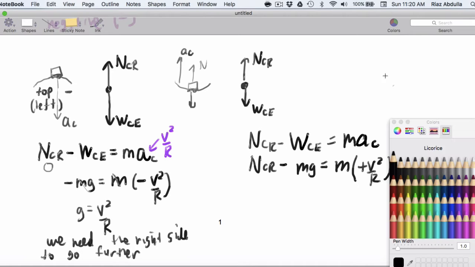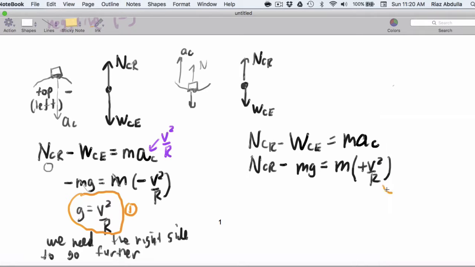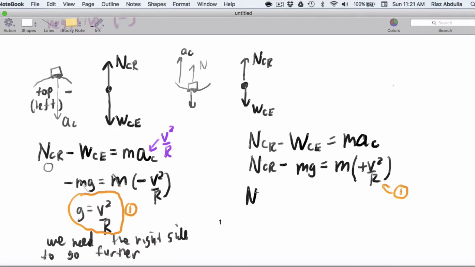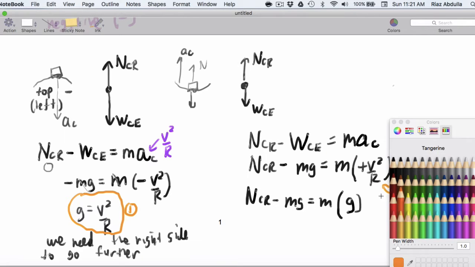Well, from the left side here, this equation, which I'll call equation 1, can now be substituted into here. And so what I end up getting is the normal on the car due to the road minus mg equals m times g.